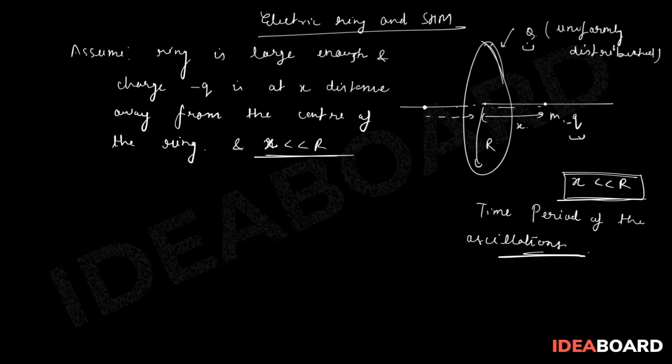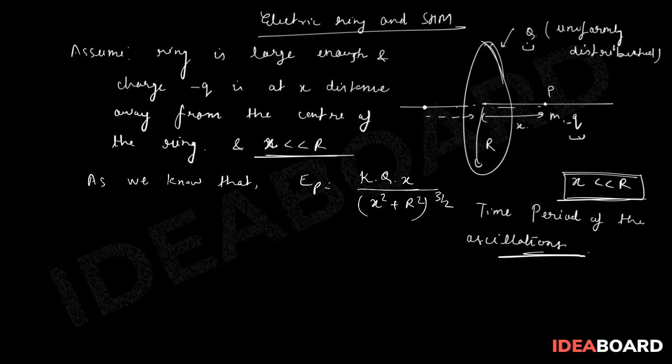We know the electric field at a point, let's say this point is P, will be kQx upon (x square plus r square) to the power 3/2, correct?